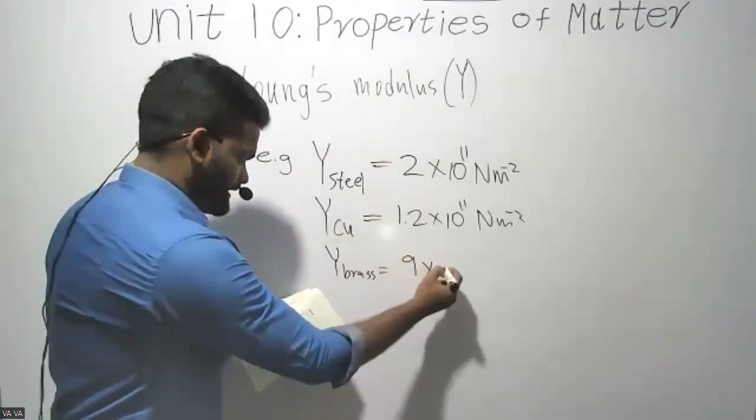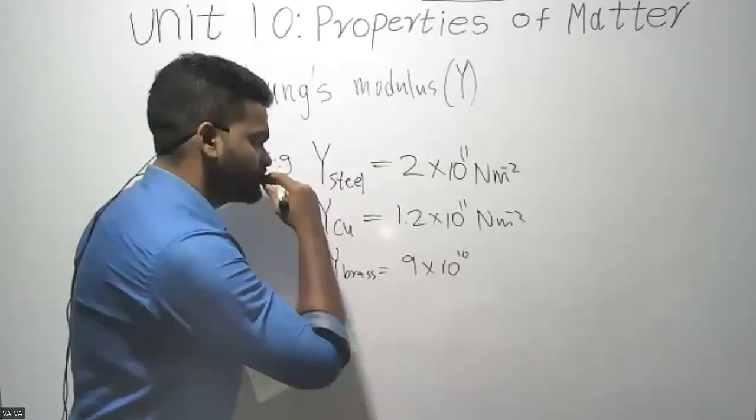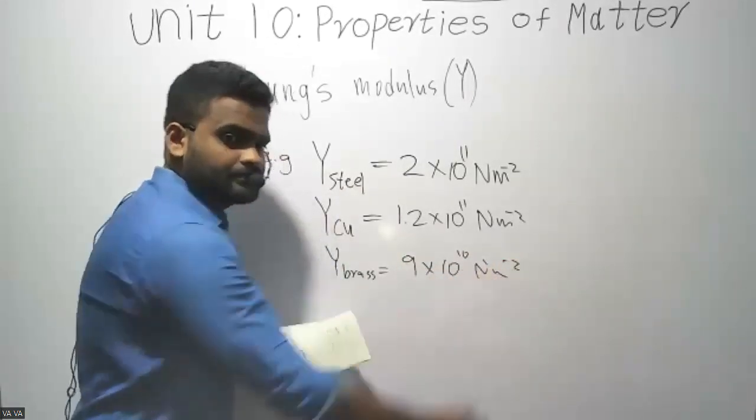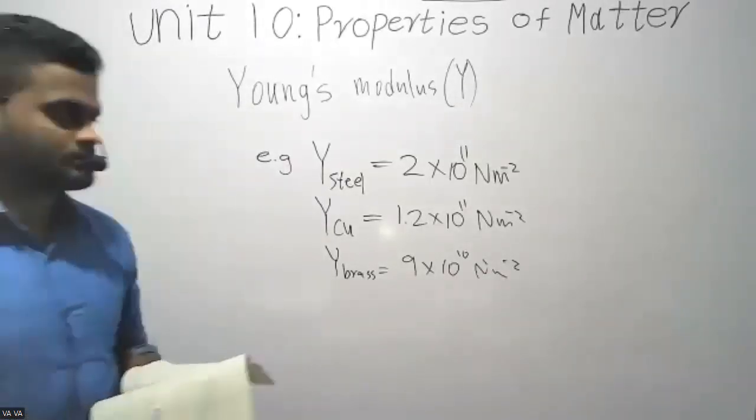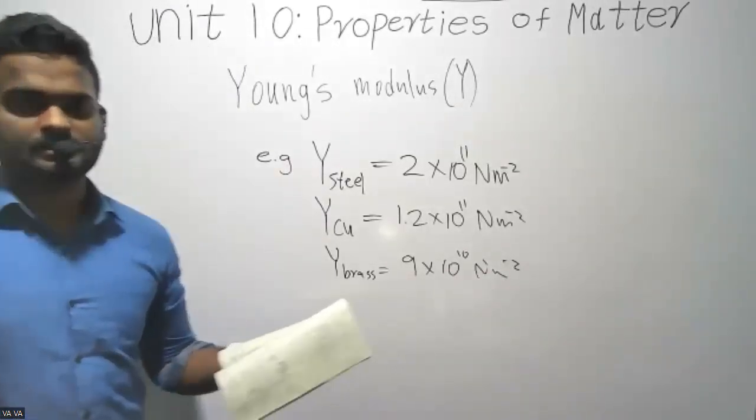So that value is, take it down, 10 to the power 10 newtons per square meter. So these are just examples.